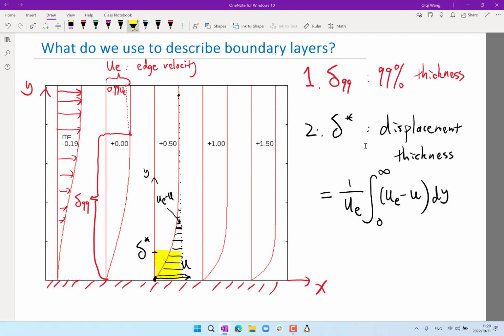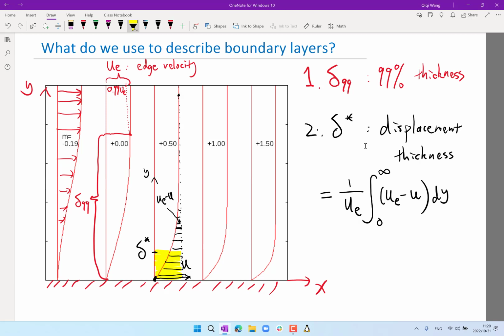All right, so the distance between the wall and delta star would be like the effect of thickening the solid body. If instead of having a boundary layer, you make the flow inviscid, but thicken the solid body by delta star, the effect on the free stream would be exactly the same.